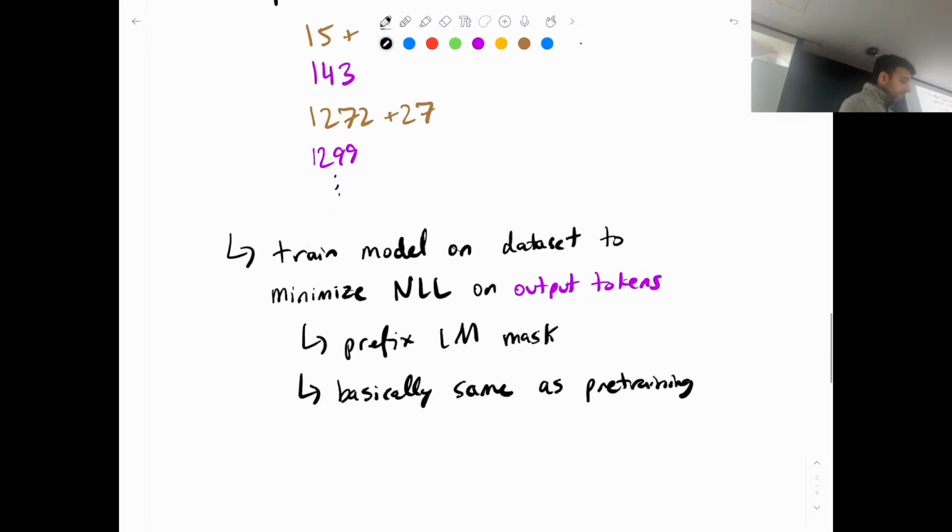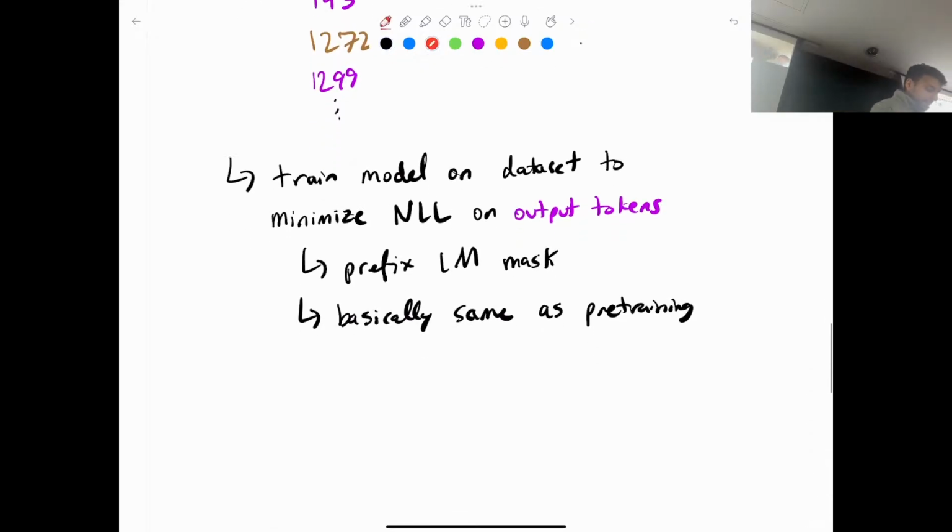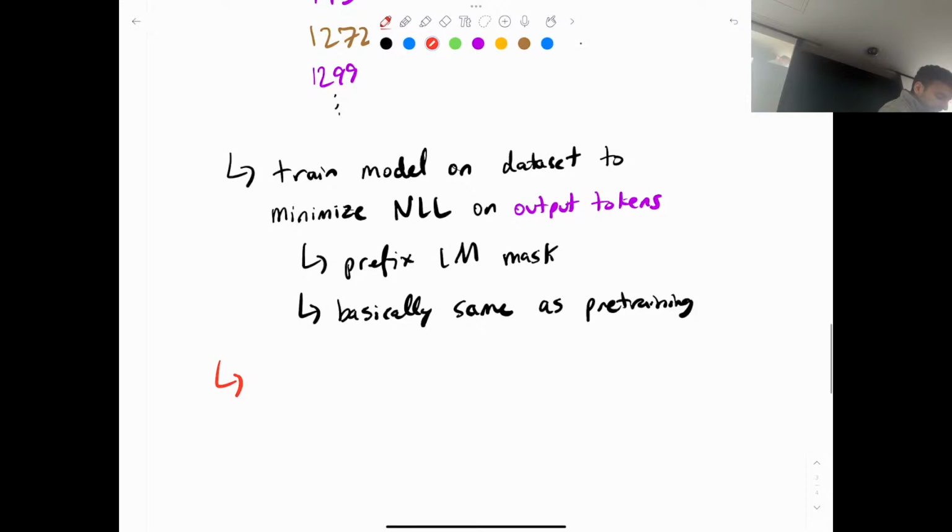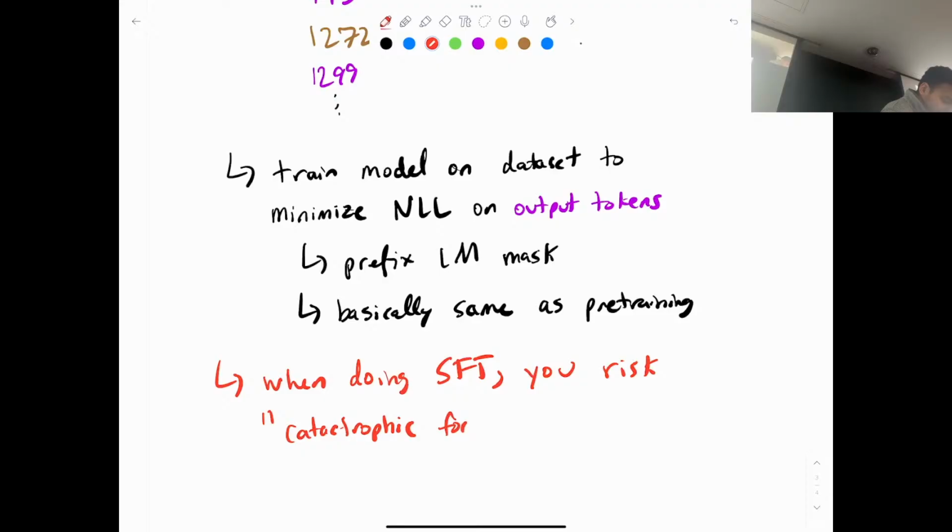Yeah, but that brings up a good point, which is that when you do SFT, you risk what's called catastrophic forgetting.